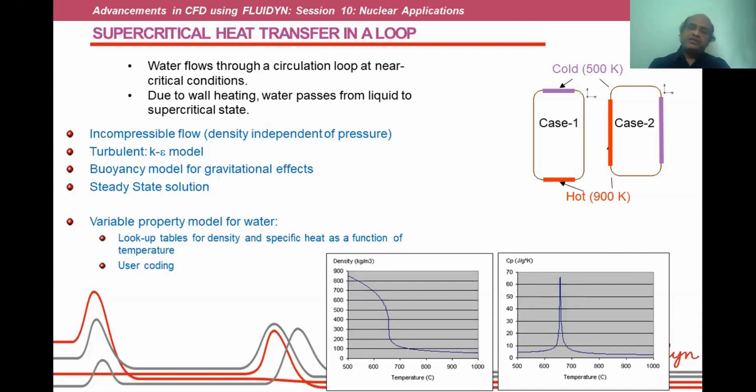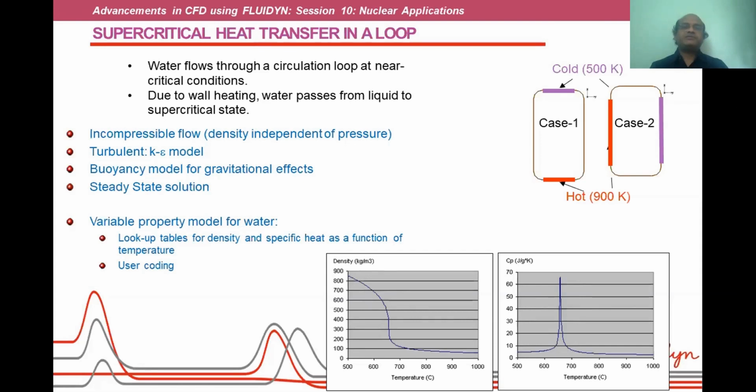Normally when we do simulations, we use various equations for specific heat. We assume that it is a function of temperature, but those equations may not be valid here. This variation has to be captured accurately. So the property calculation is very important. We have used lookup tables for density and specific heat as a function of temperature.